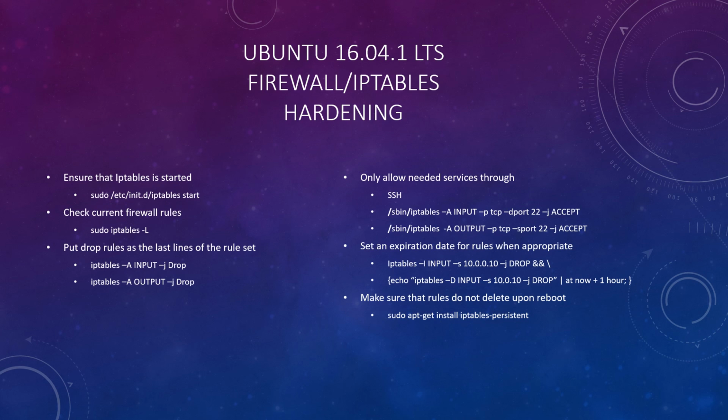An example is SSH. You want to take those rules and make sure you set an expiration date for them when it is called for. And you also want to make sure you do not delete the rules whenever the server reboots, because it would be a disaster to lose all your hard work.